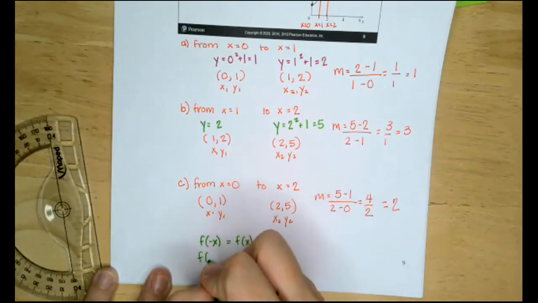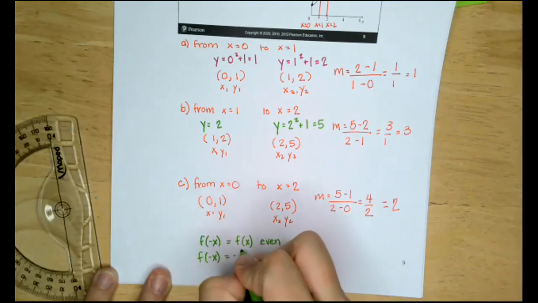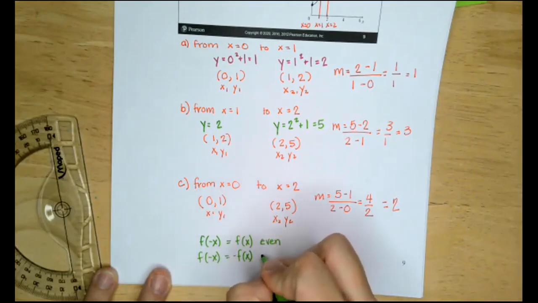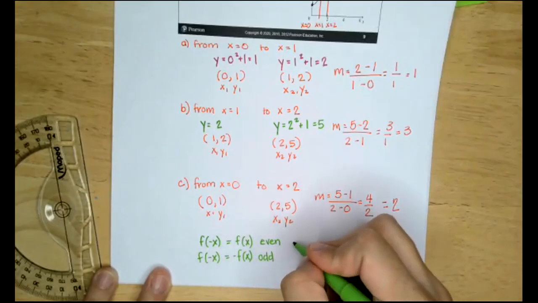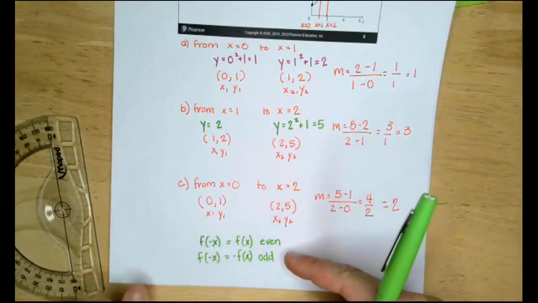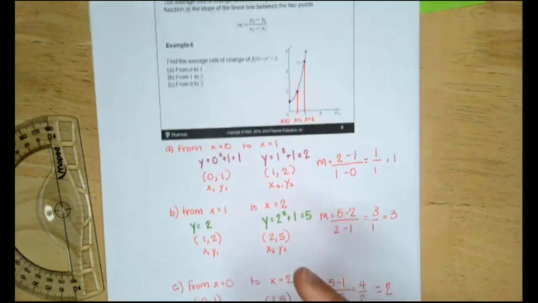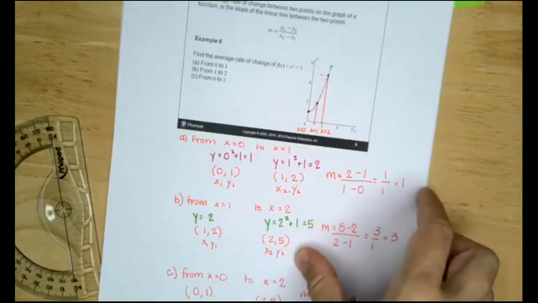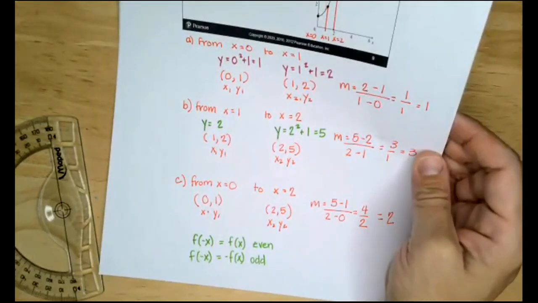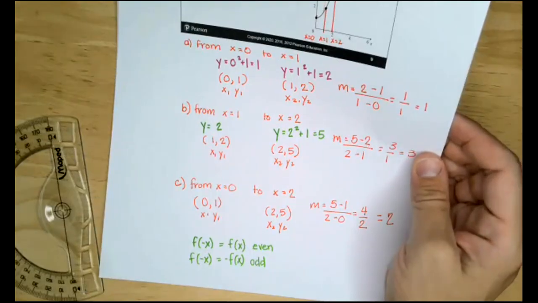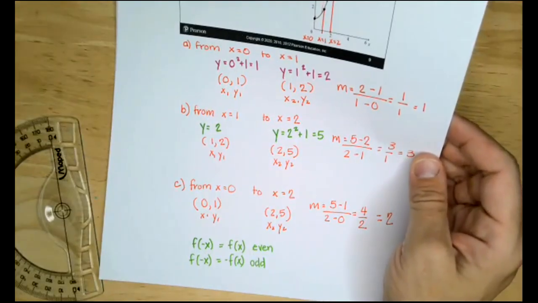And f of negative x equals negative f of x means it's odd, right? That would be symmetric on the y-axis, and this would be symmetric along the origin. We know how to say, is a graph constant, increasing, or decreasing? We know how to tell if a graph is negative or positive. We can find absolute maximums and absolute minimums, local maximums and local minimums.